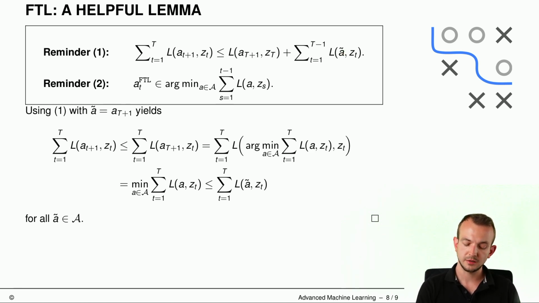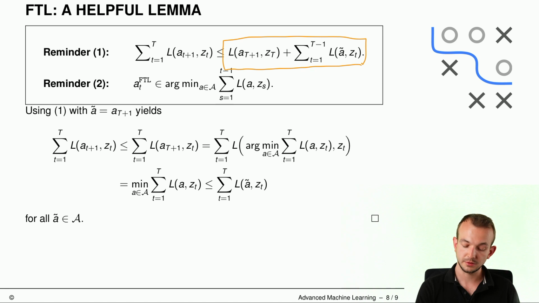And we now pick simply for our A tilde the action of the follow the leader algorithm in time step capital T plus 1. What do we get? Well, if we have here A tilde T plus 1, we can again write this quite conveniently into one term.